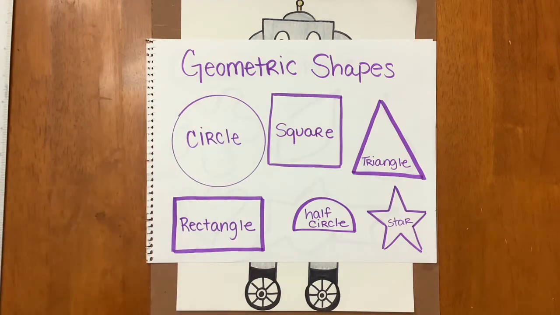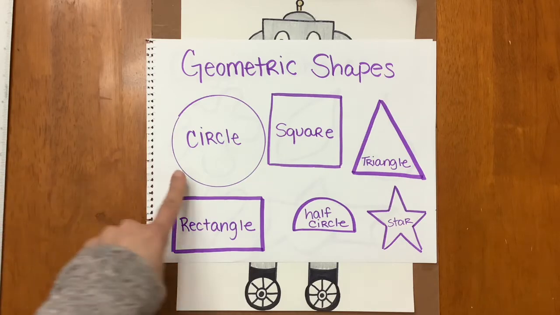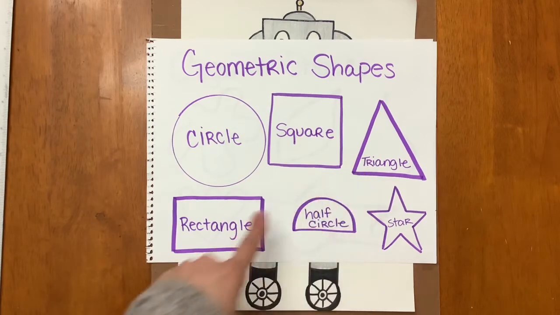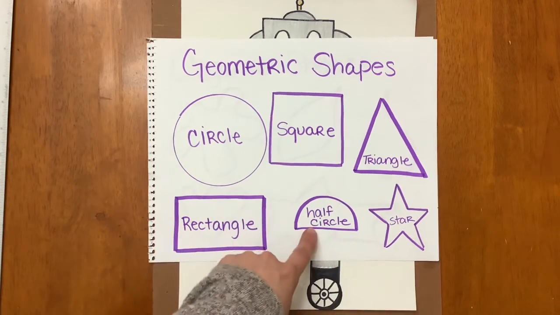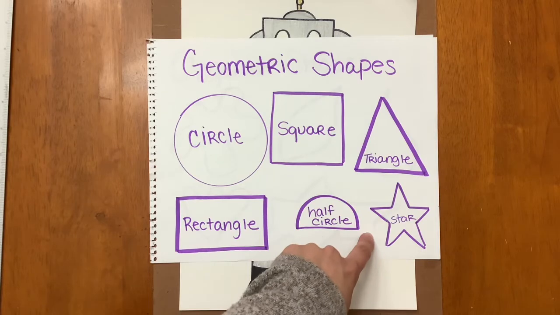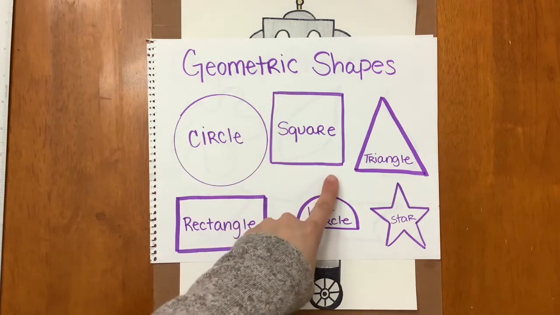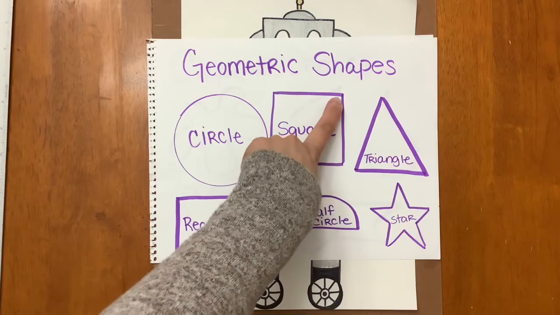So first, for geometric shapes, these are shapes such as circles, squares, triangles, rectangles, half circles, and even stars. And what makes these shapes geometric is these are man-made shapes. These are shapes that have very perfect straight edges. They have corners.